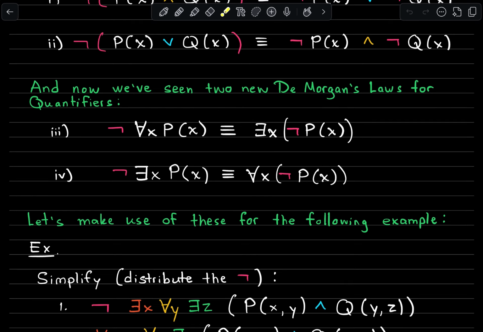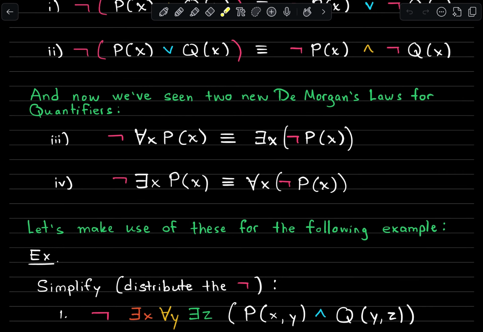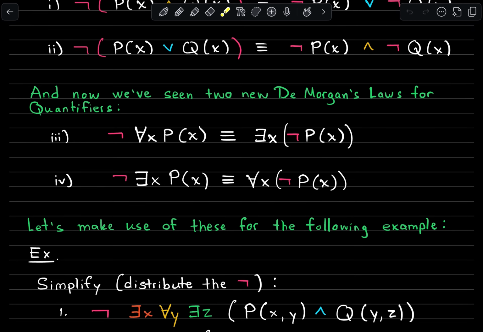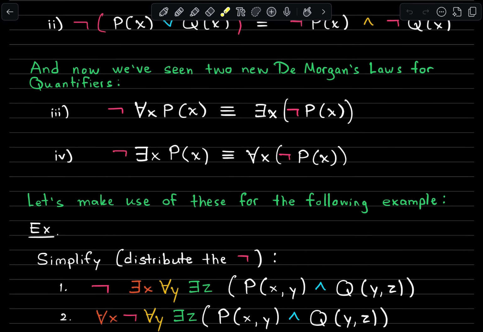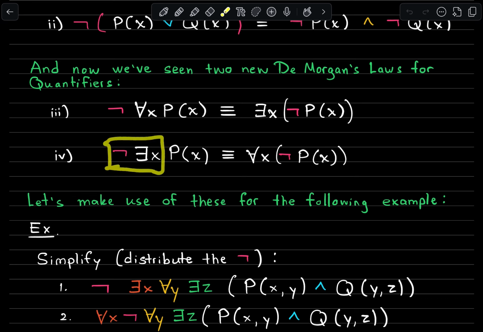Okay, so by our new rules 3 and 4, we can push the negation through each of these quantifiers, but we have to make sure we flip them. Okay? So the negation of the existential is the same thing as the universal quantifier of a negation. Okay, so the universal quantifier of a negation of all this now.